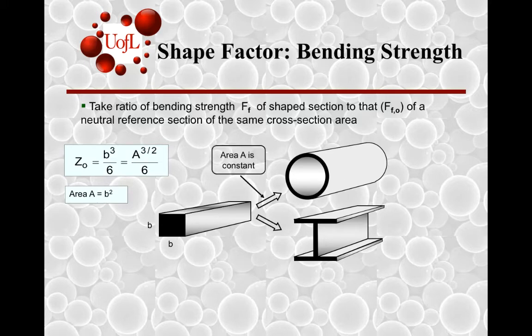In this case, the area is b squared for the square cross-sectional area.